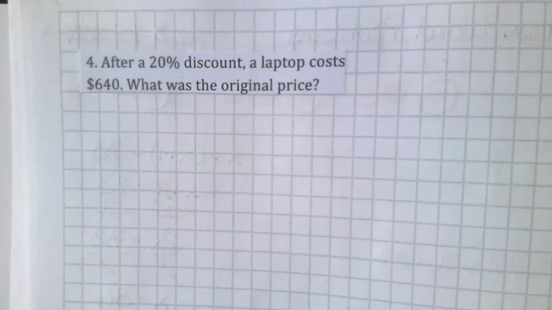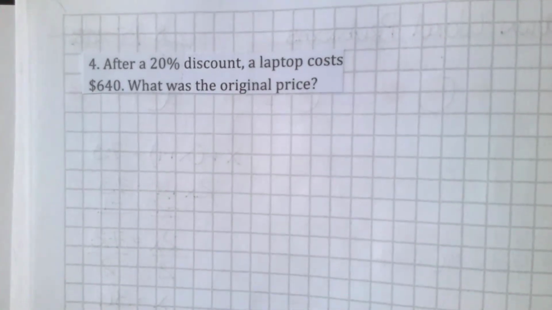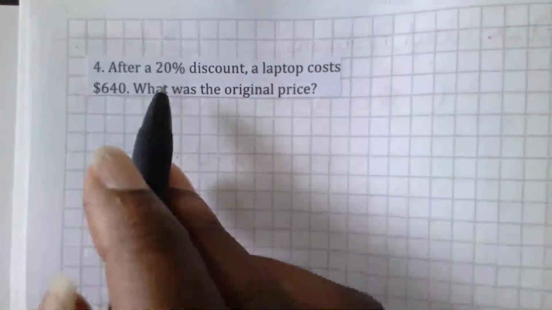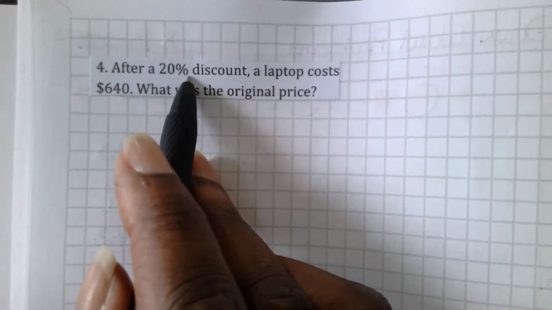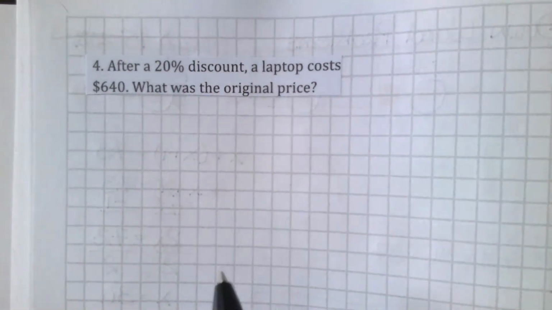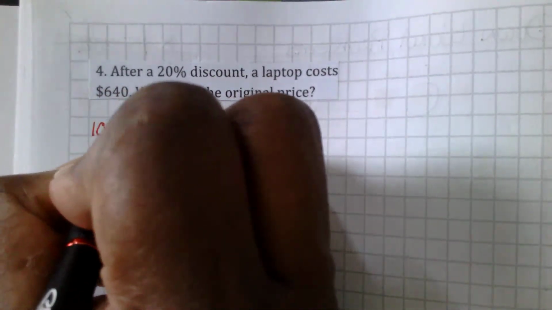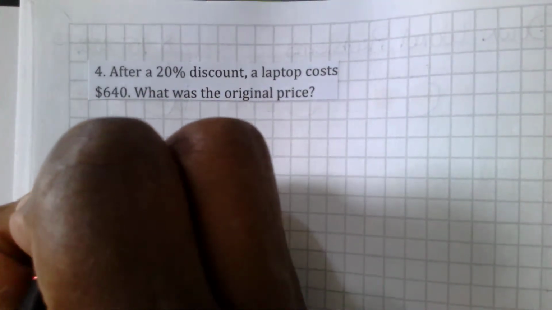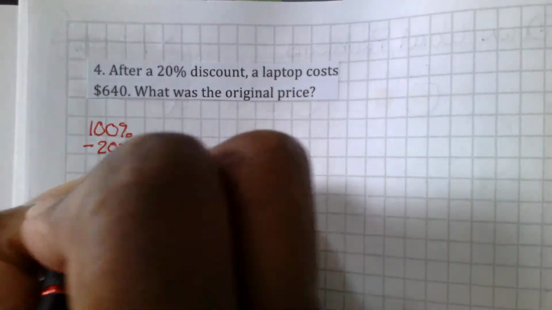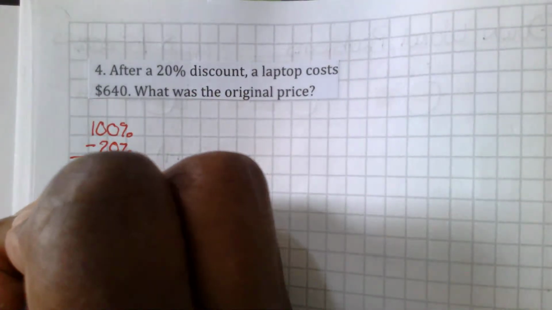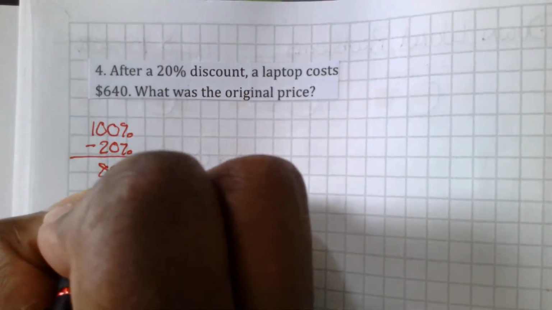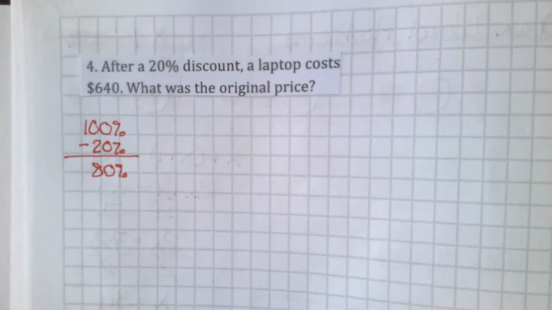The 20% discount is gone. So that means we have how much left over? Out of 100%, after the 20% is gone, there's 80% left over.